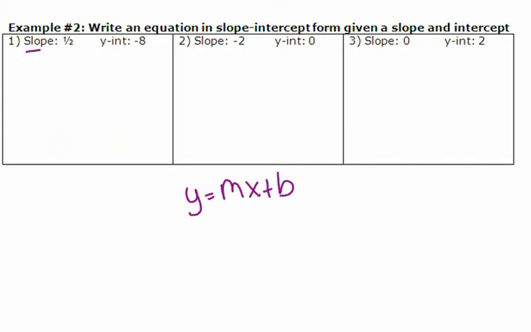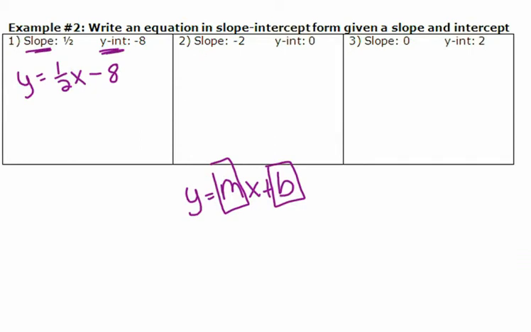If I am given a slope and I'm given a y-intercept, I can write this in slope-intercept form by replacing the m and the b with my values. So like for example, for number 1, I know the slope is 1/2 and the y-intercept is negative 8. So I would have y equals 1/2 x minus 8. And that's slope-intercept form.